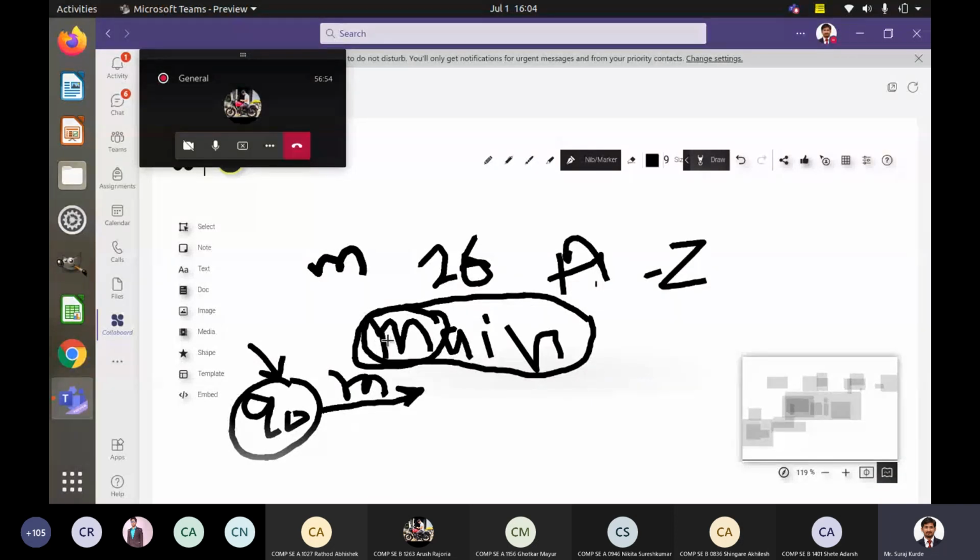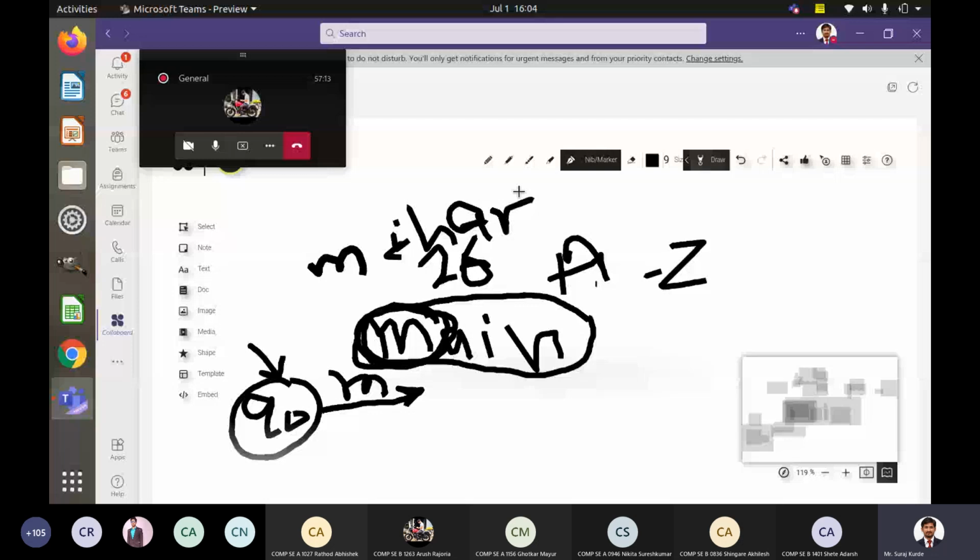Now first input we have to read is M. In our program we have written character as input. So if input is M, then from current state Q naught, it goes to next state. Let me draw it. Q1. The state is Q1.